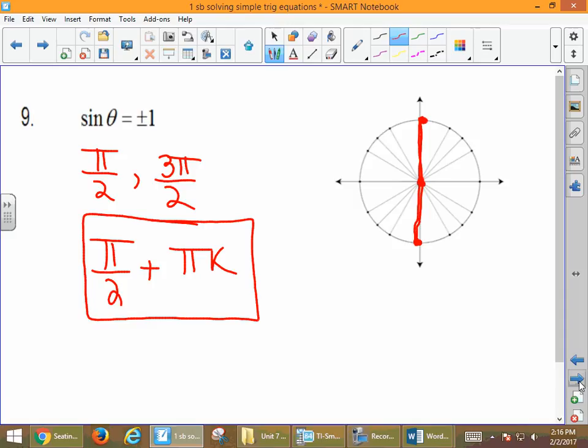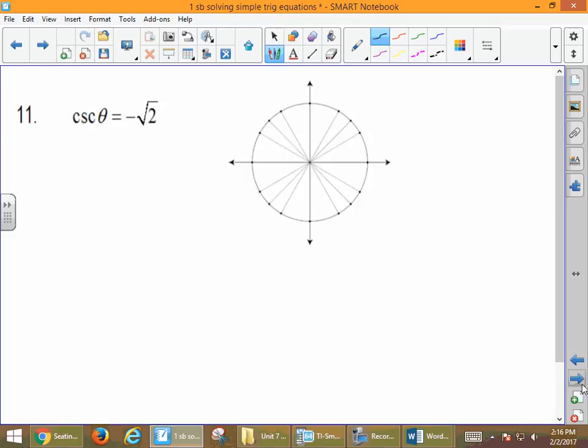Let's try one more. I'm going to skip 10 and go to 11. So when we take a look at 11, cosecant. Cosecant is the reciprocal of which function?